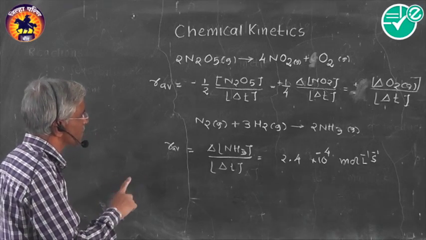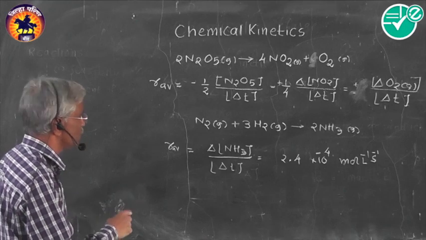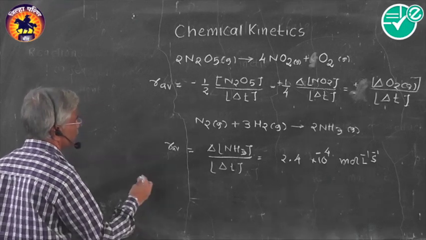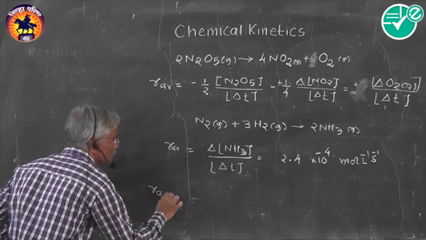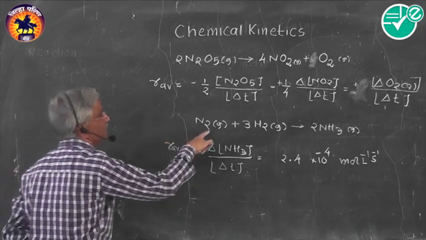Now, to calculate in terms of nitrogen or hydrogen, we will write the average rate of reaction in terms of all of the reactants and product.